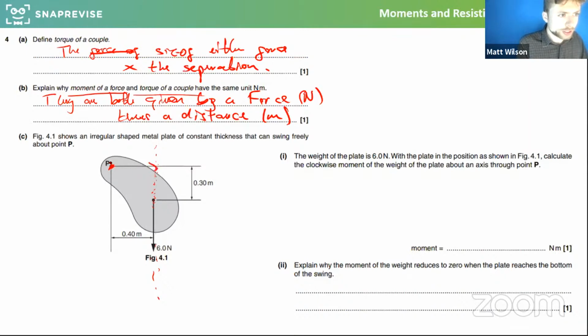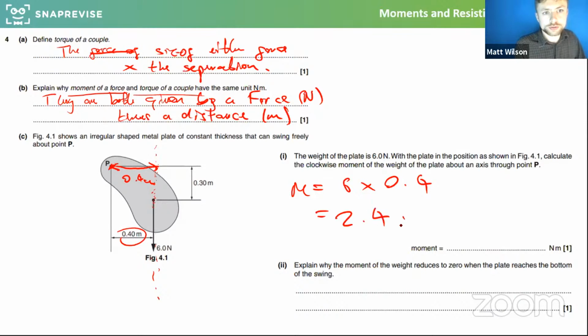And that's going to be this distance here. And this distance here is 0.4 meters, just as it is down here. So the moment is given by the 6 newton force times the 0.4 meters. Altogether, that gives you 2.4 newton meters.